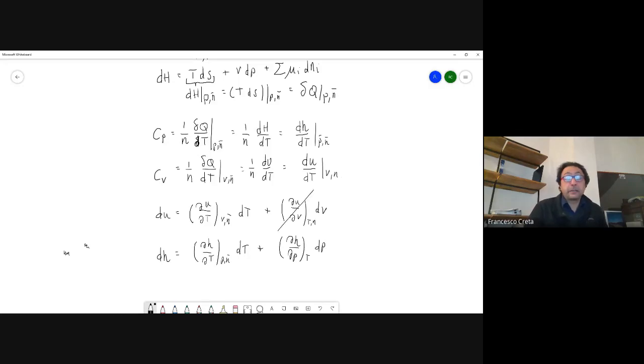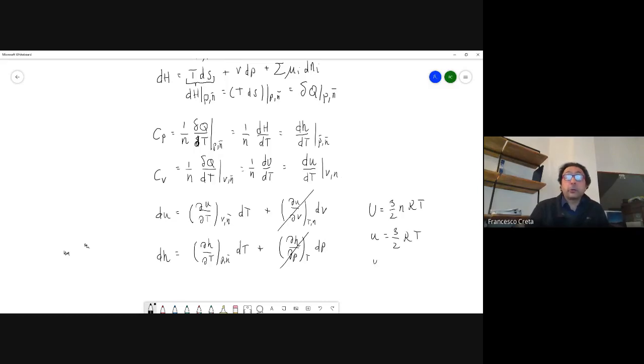But as you know, these terms for a perfect gas are 0. You may remember that for a monatomic perfect gas, we have an expression for the extensive quantity internal energy as a function of just temperature, so it's 3/2 nRT. If you divide by the number of moles, the specific quantity is 3/2 RT.